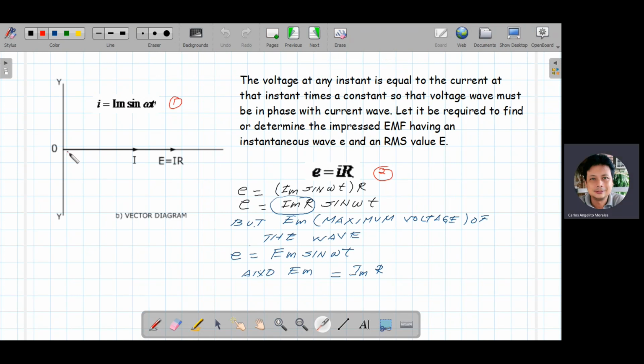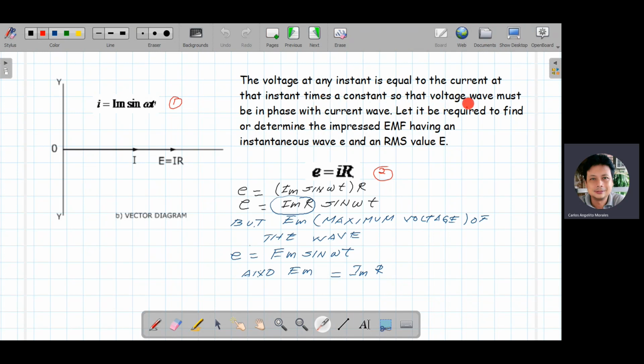So, pag purely resistive ang circuit, in phase din ang phasor diagram nila. Ito yung phasor diagram or vector diagram I mean. So in phase, ito yung current, ito yung E equals to IR, no? Ito yung pinaka-vector diagram nila. So the voltage at any instant is equal to the current at that instant times a constant.